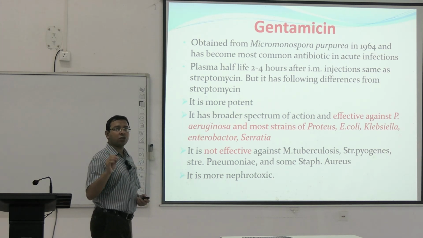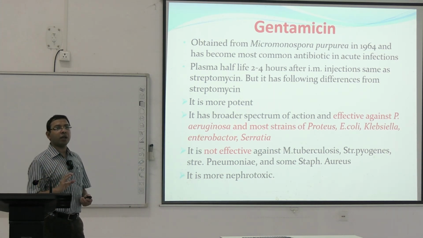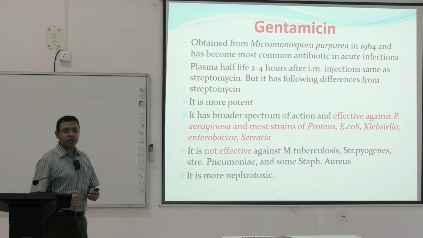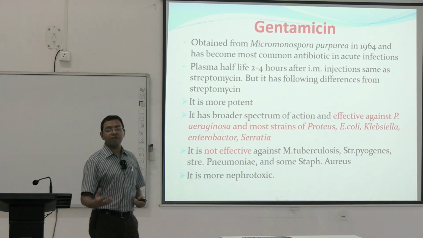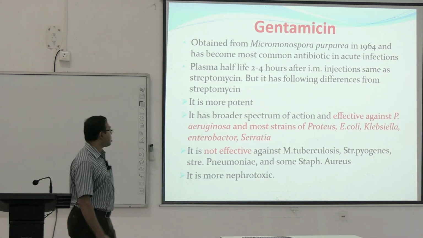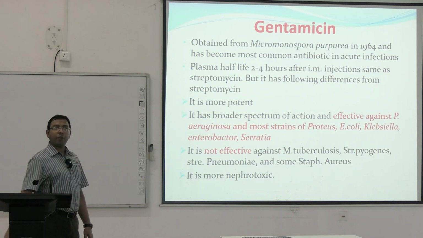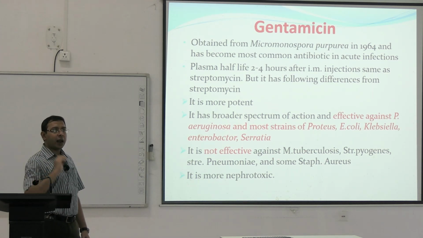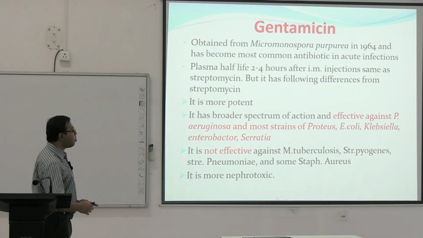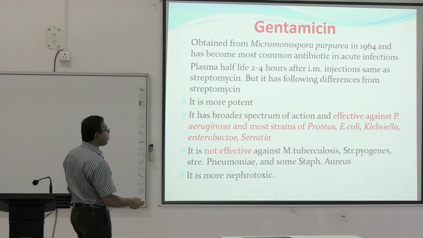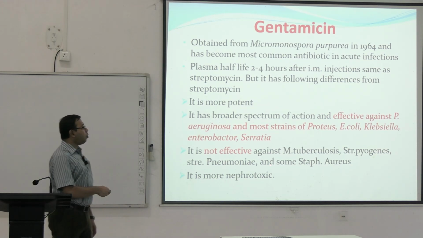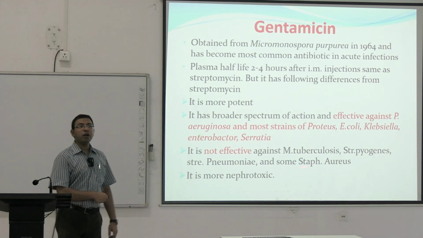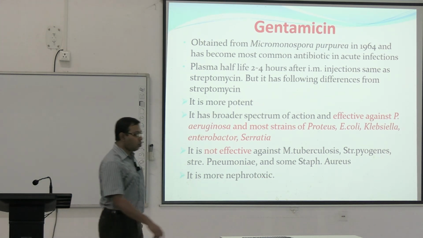So in most cases, we can use the aminoglycoside antibiotics if there is some Pseudomonas infection, Shigella infection, E. coli infection, Serratia infection, like this. It is not effective against Mycobacterium tuberculosis. Only streptomycin, amikacin and kanamycin, these three are effective against Mycobacterium tuberculosis. It is not effective against Streptococcus pneumoniae and some Staphylococci, and it is more nephrotoxic. That's why it is used less nowadays.